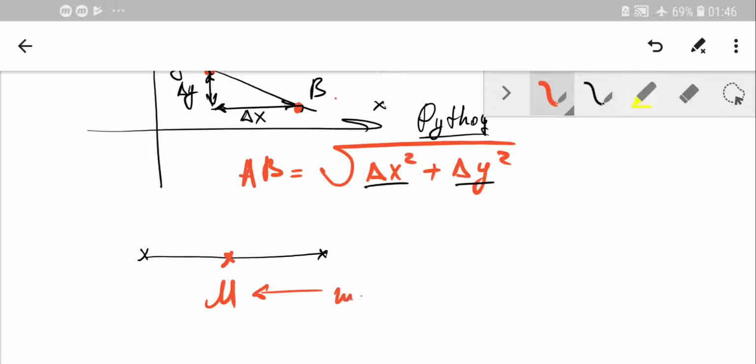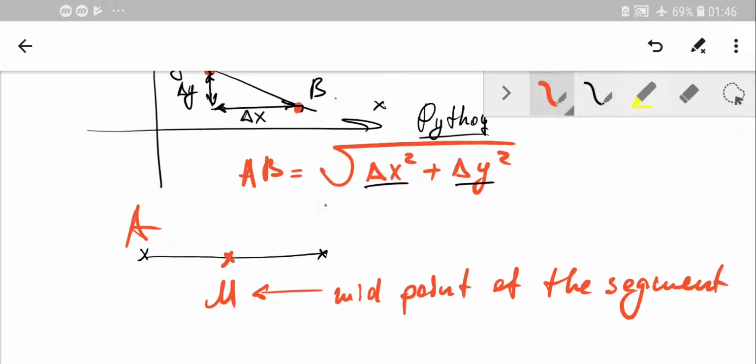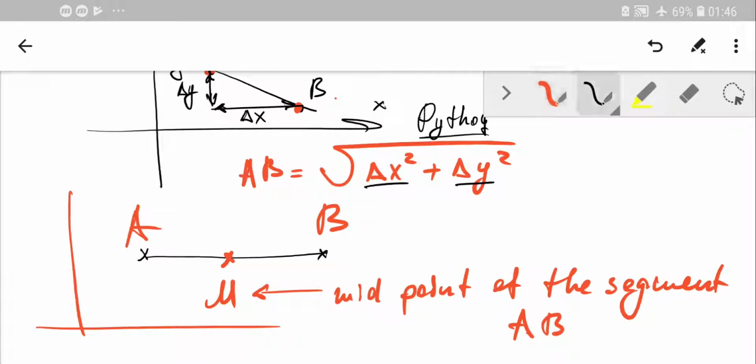If those points have the same level for y, the M coordinates will be some unknown x, and y should have the same coordinate as for B and A. So we just need to figure out the x coordinate.